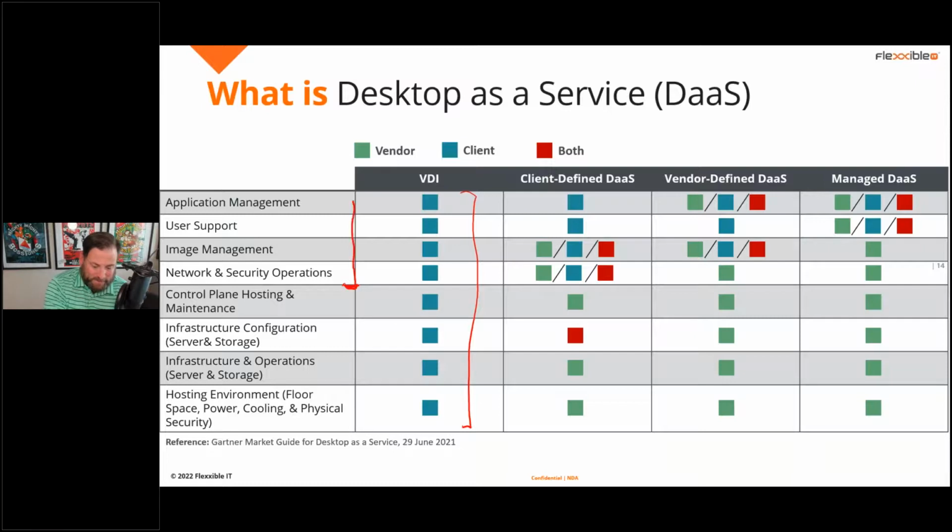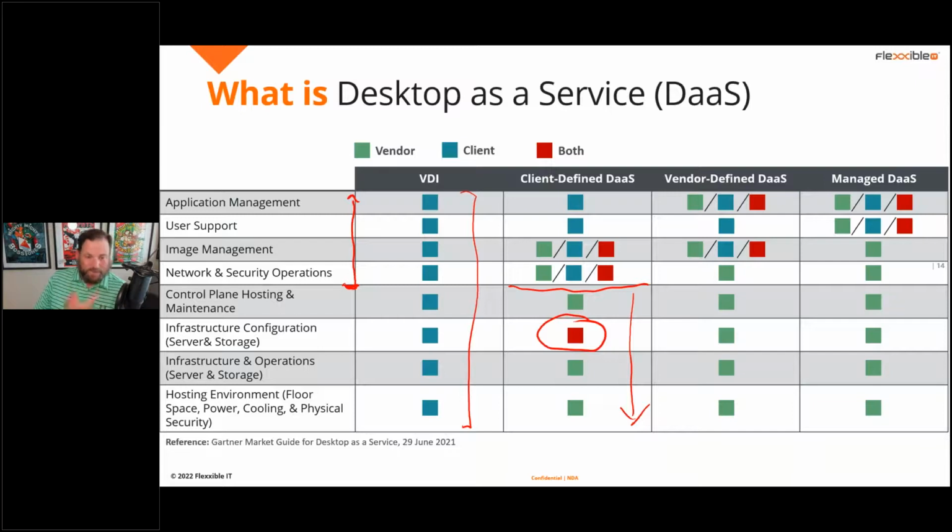In the client world, you're saying, I don't want to deal with the control plane, so I would argue Citrix Cloud fits into this bucket. But notice you're still on the hook to manage and maintain your hardware, upgrade it, support it, etc.